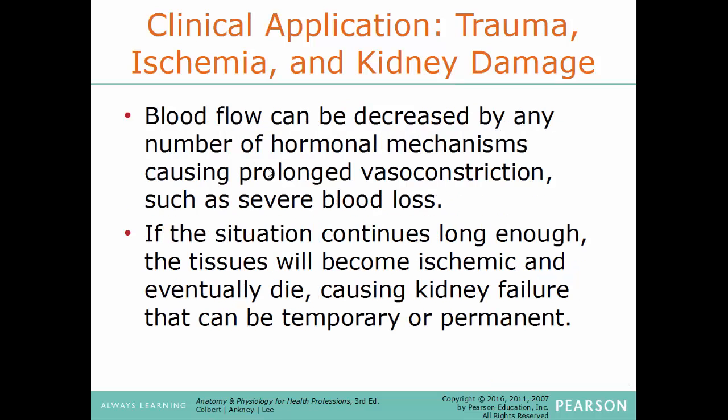Blood flow can be decreased by any number of reasons, due to hormonal mechanisms that cause prolonged vasoconstriction or even severe blood loss. If the situation continues for too long, the tissues can become ischemic and eventually die, which will lead to kidney failure. And this may be temporary or it may be permanent.